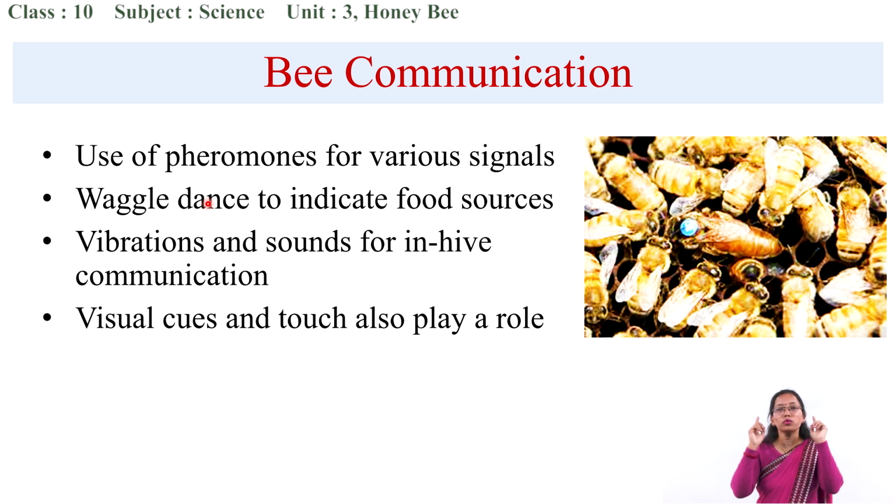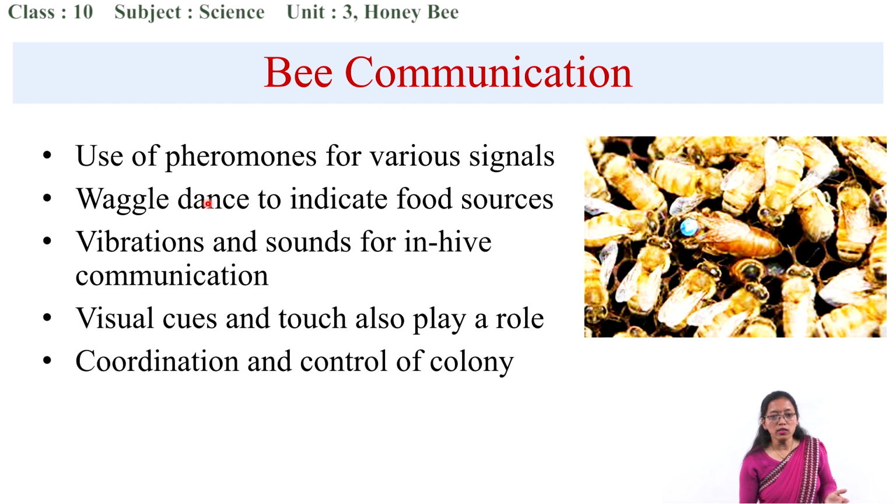Through visual cues they communicate with each other, and also through touch they can feel and communicate with one another. And they coordinate and control the colony. Already I have told you that the queen bee especially coordinates and controls the colony by using pheromones.